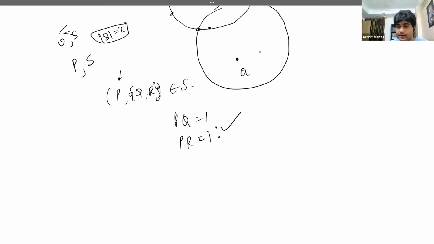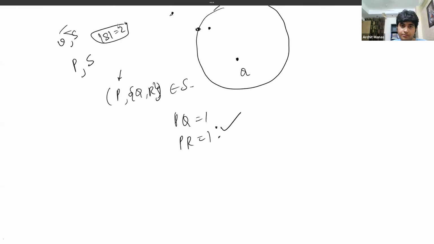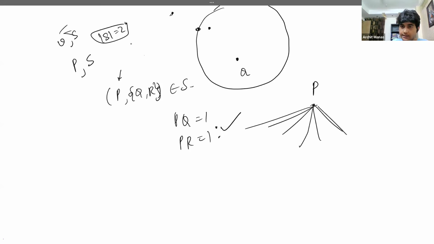So if we count this by P, can anyone tell me how many pairs I will have? Let's say I have a point P and it's connected to d(P) people.